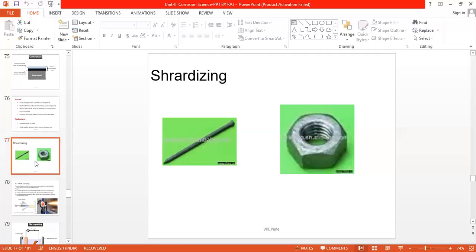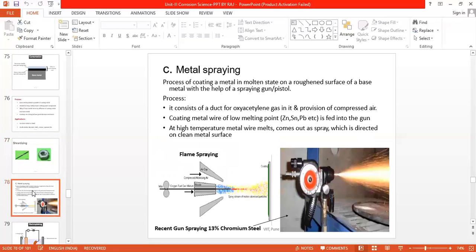The container is sealed and kept rotating. As a result, the coating metal gets fused with the base metal, and the base metal is protected from corrosion. This method is known as Sherardising. It is used for the protection of bolts, nuts, screws, etc.